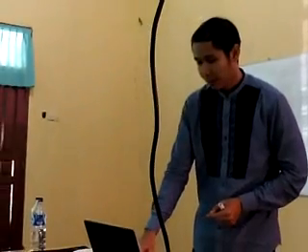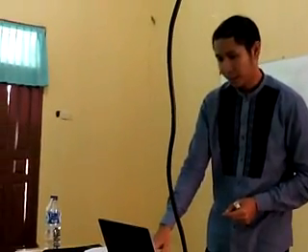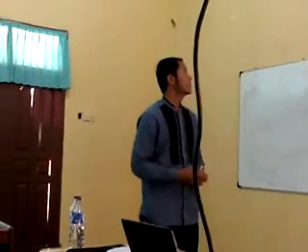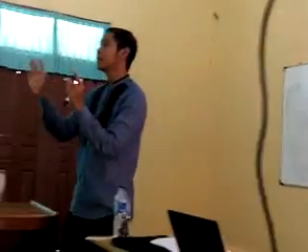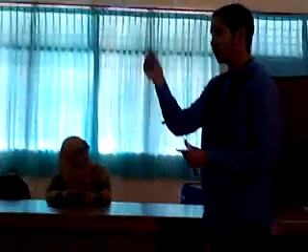Let me explain one by one what each of these sampling methods means. What is simple random sampling? Let's see from the title first. Simple, you know what simple is, right?